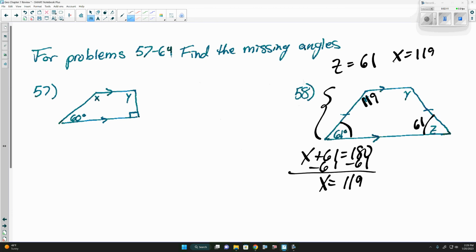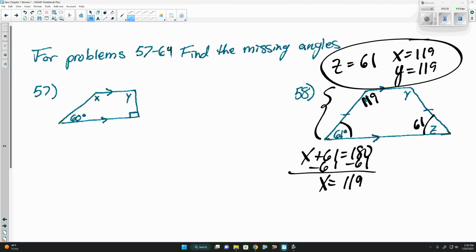And it works out that these two base angles are congruent, so y is also 119 degrees.